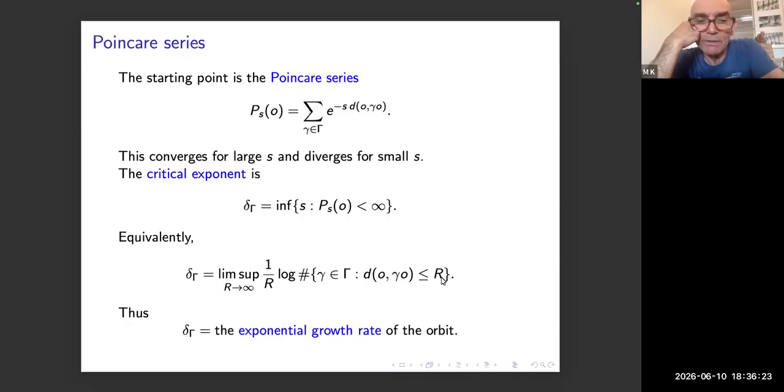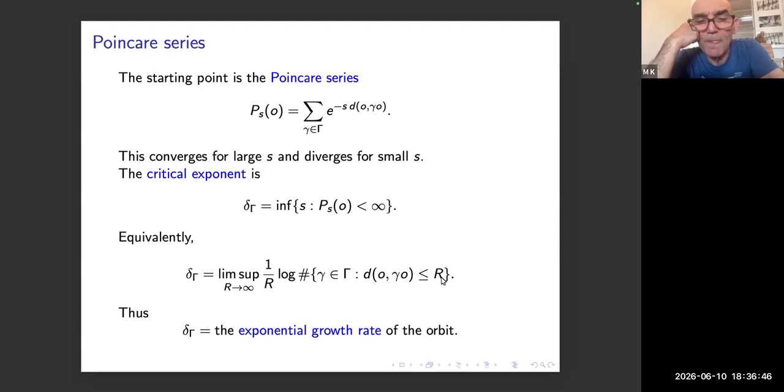But in the work of Patterson, you put that index s over there, and then you can show that this converges for large s and diverges for small s, and at the critical point there is this number delta gamma, the critical exponent.